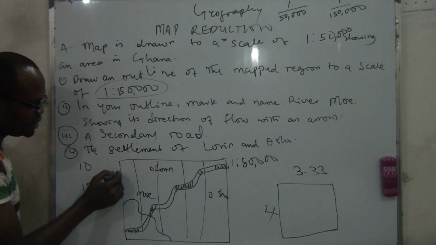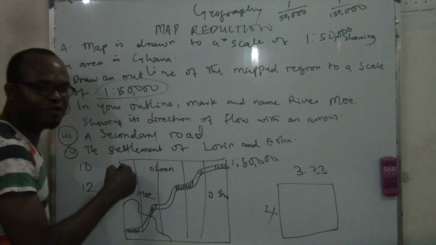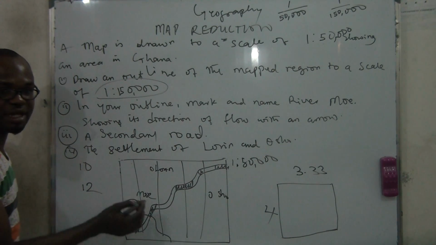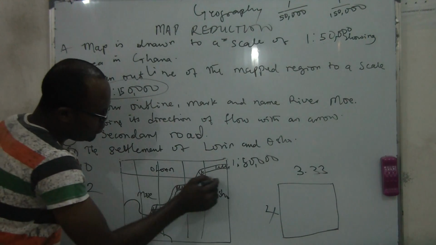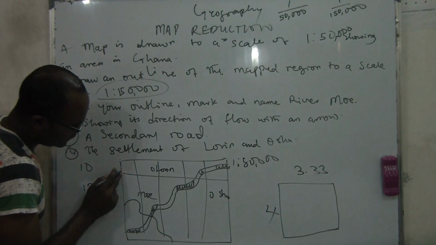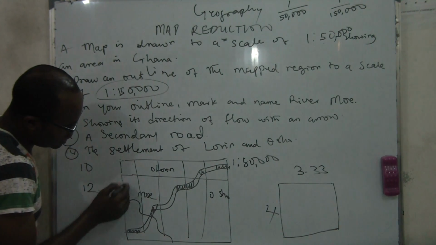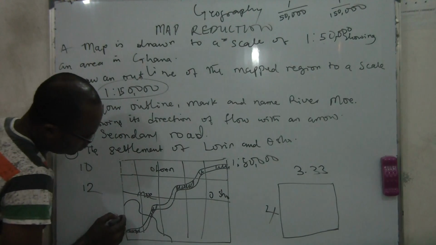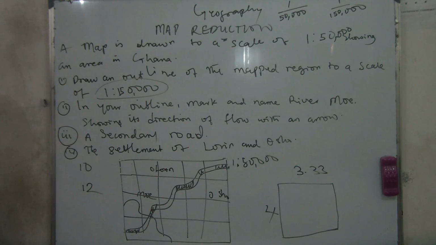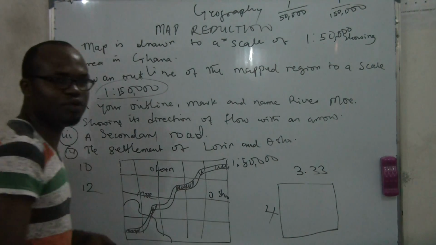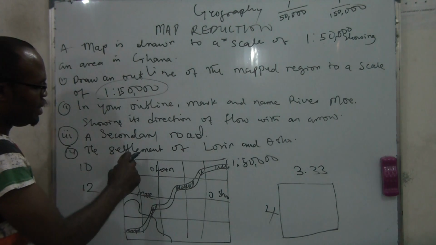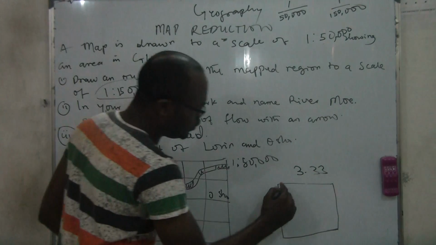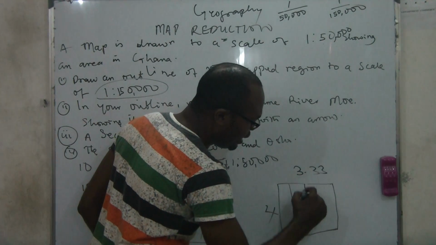Let's say 4. So we do the same, equal places.